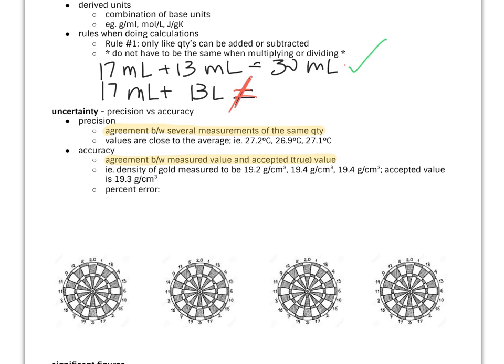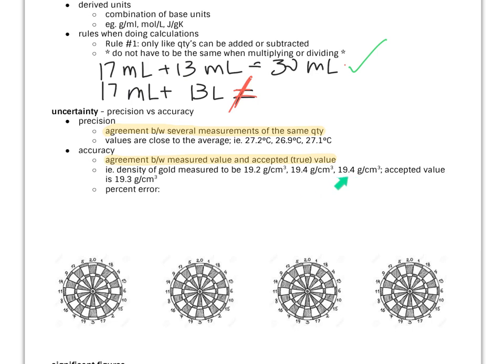So let's say on this example, density of gold is measured to be 19.2 grams per cubic centimeter. They measure it again, a different sample or the same sample, whatever, and get 19.4 grams per centimeter cubed.